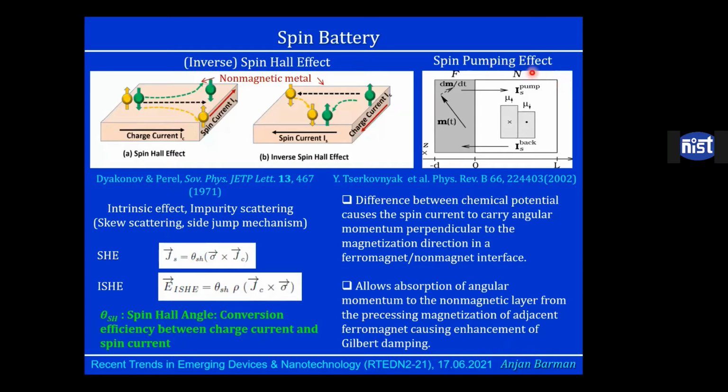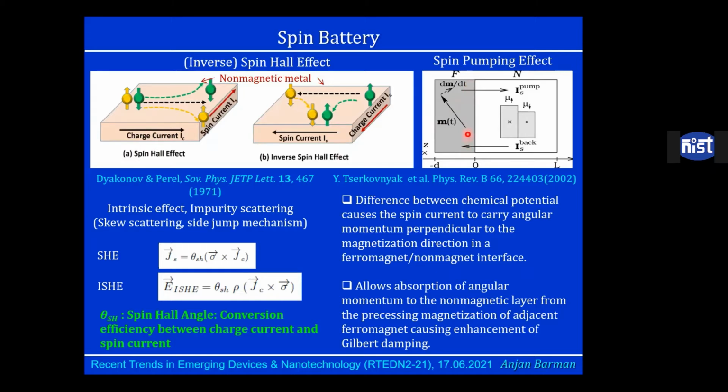The spin pumping effect is actually just the opposite. Here, you have a ferromagnet adjacent to a non-magnet, and the ferromagnet spin is not in equilibrium, but varying. Say the spin is precessing. Then this precessing spin will cause spin to come to the interface and accumulate there.